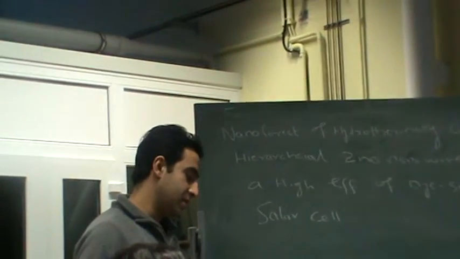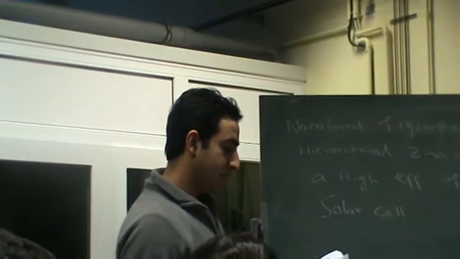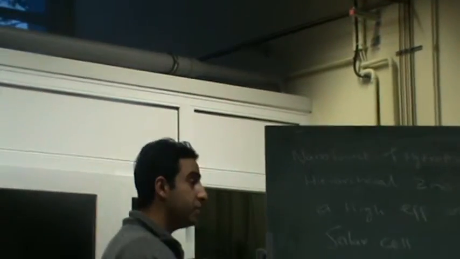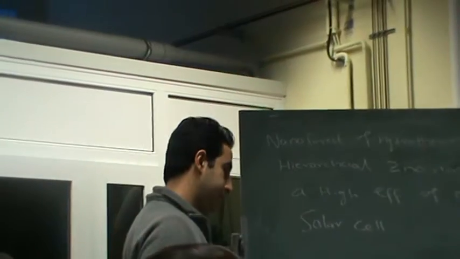Dye-sensitized solar cells are basically used, and in a dye-sensitized solar cell we use zinc oxide nanowire for the conversion of energy, to produce electricity.